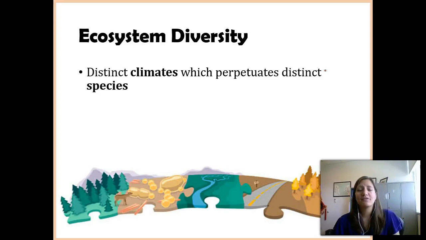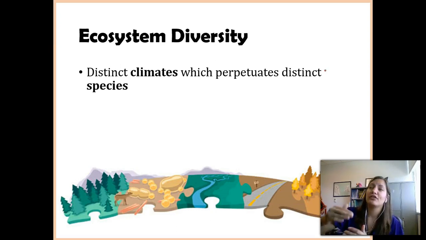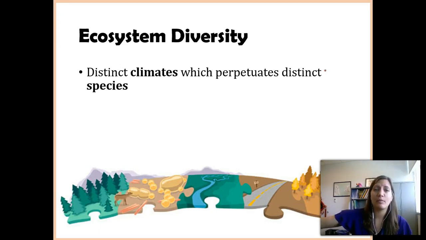The last type of diversity is ecosystem diversity. This is literally looking at different ecosystems around the world. And ecosystems exist mainly because of climate. When you're at the equator, it's really warm. You go a little bit further, you get more moisture. Go a little further, you get a lot drier, so thinking about deserts. Then you're starting to get cooler. Eventually you reach the poles.